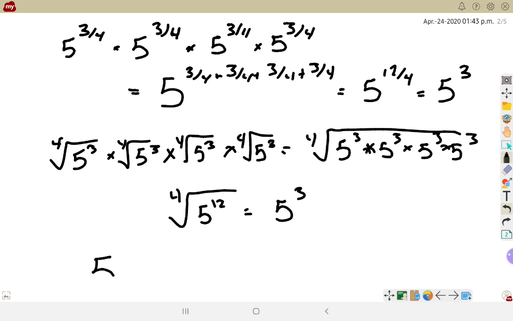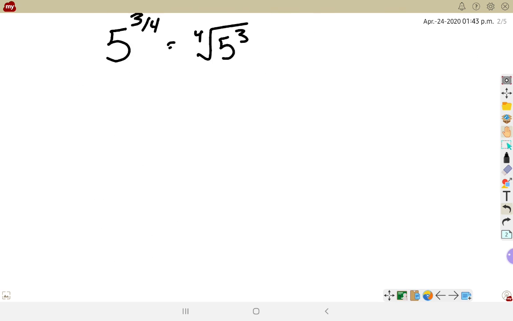So again, I've got 5 with an exponent of 3 over 4 is equal to the fourth root of 5 cubed. Okay, so really what that gives us, if we look in general terms, is a with an exponent of m over n is going to equal the nth root of a with an exponent of m. Okay, so it's a quick way that I can change from exponential form back into radical form.